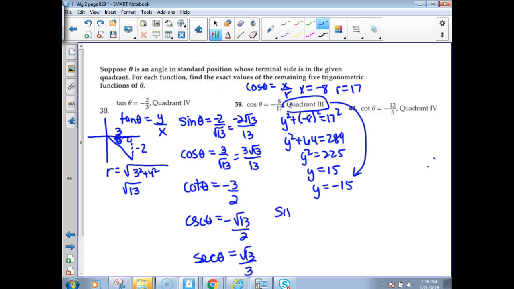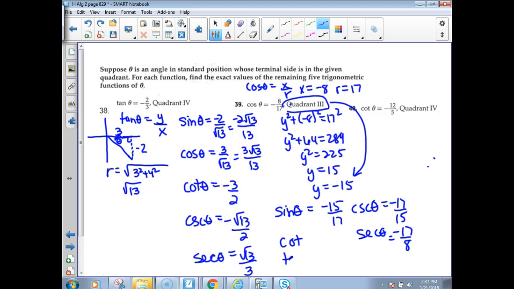So if you want to do sine now, it's going to be negative 15 over 17. So the cosecant is negative 17 over 15. I already got the cosine, so the secant is just the reciprocal, negative 17 over 8.